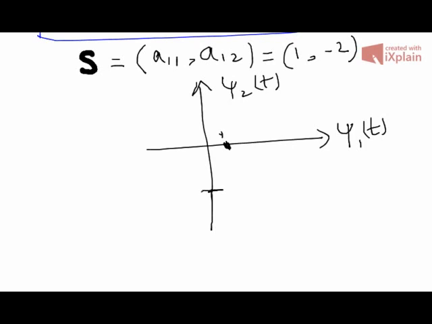So this is +1, this is -2, and your signal point would be here. So this is a point of 1, -2, and if you draw your signal vector, it would be this position vector. This represents your signal S1.